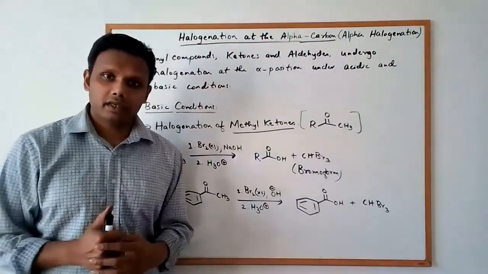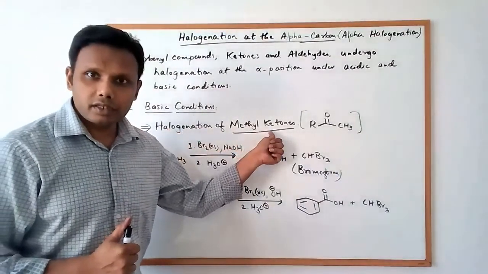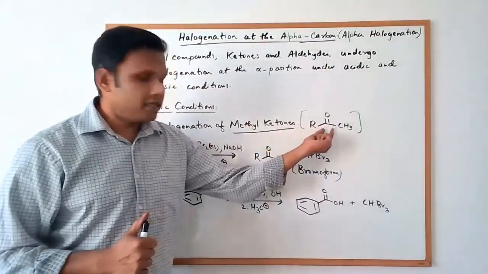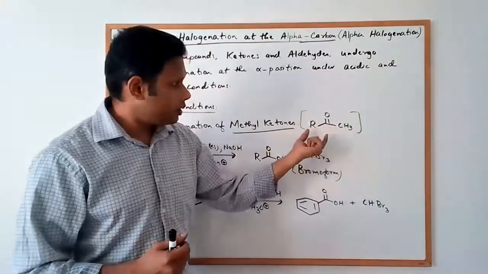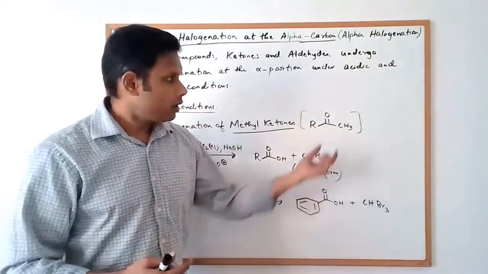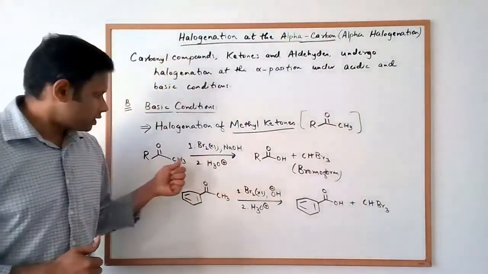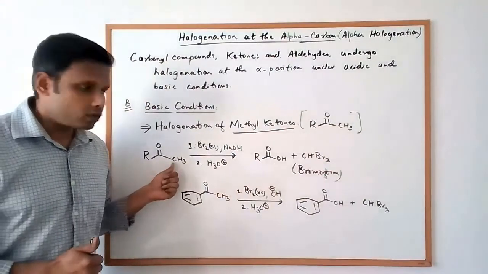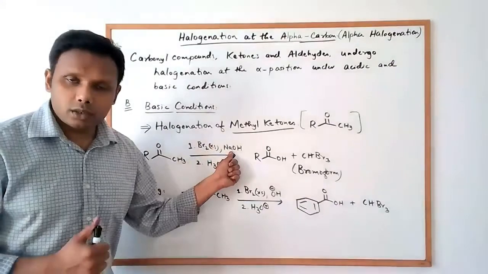Now, in the specific case of methyl ketones, okay, the halogenation of methyl ketones, these are ketones where one of the R groups is a methyl group. The other R group could be whatever, but one of the R groups is a methyl group. What happens is in such ketones, when a methyl ketone undergoes the alpha halogenation under basic conditions.